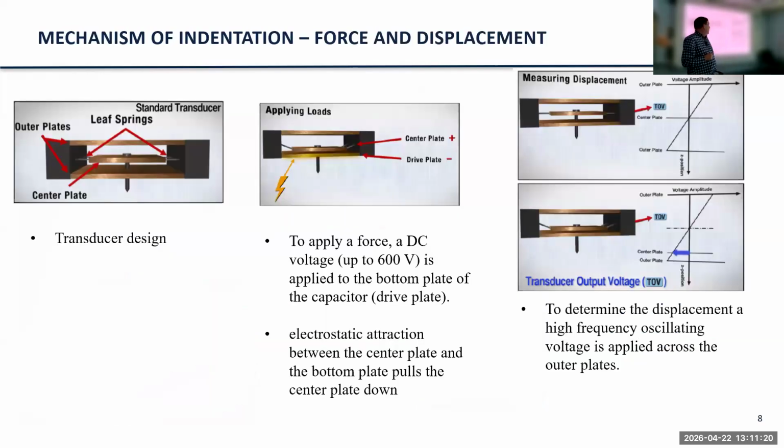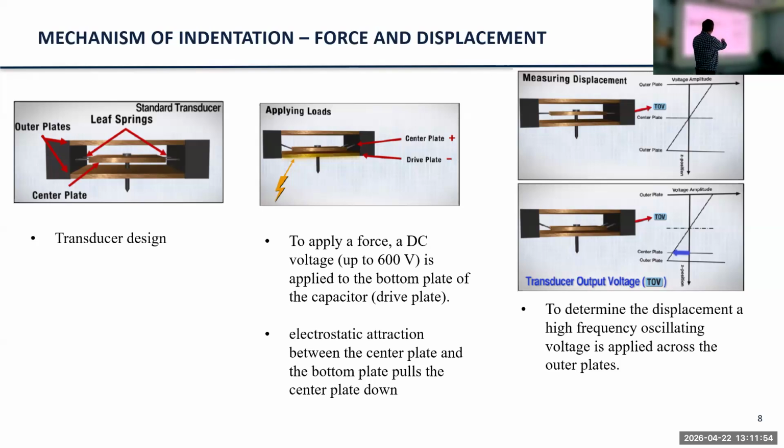So I thought I'd say a little bit about how the system works. There are a number of companies that make these systems, but basically we have a plate with a rod on it, and we attach our tip to this. The plate is suspended on leaf springs between two outer plates, the bottom and the top plate. If you apply a DC voltage, there's a capacitive drive of the plate downwards, okay?